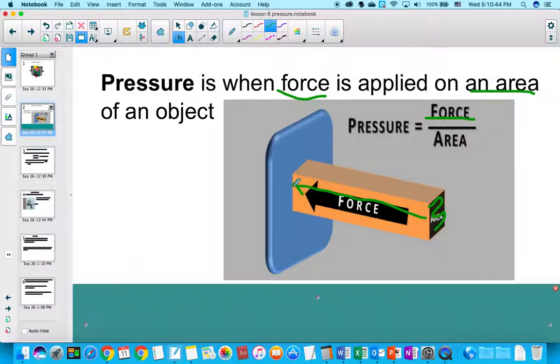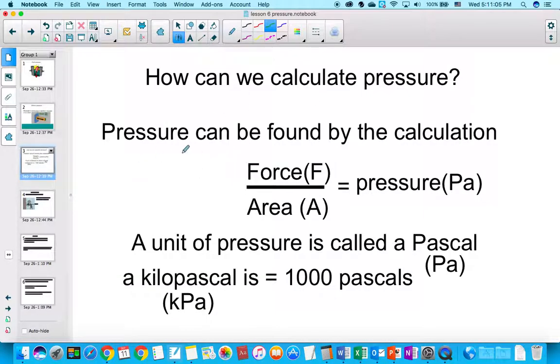This on the other side is the area that the force is being applied, because it's a prism. No force is being applied here or here. It's being applied directly on this section. So you want to find out how much force is being applied in a given area, and that will give you the pressure. So how do we calculate pressure?